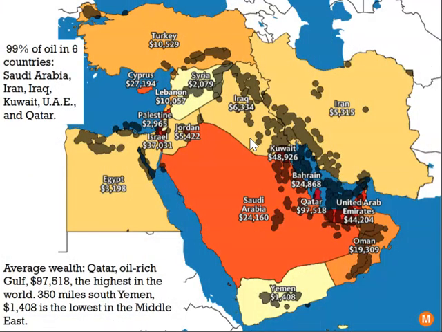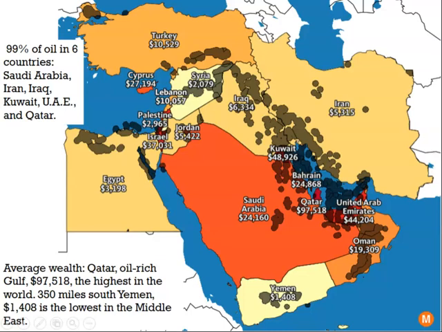Now, here's another factor that I did list before, and that is oil. The darker areas here, all these brown spots mostly, show you where oil is available, where oil can be pumped, oil reserves. So notice that most of it is around this Gulf here. You see it in Iran, Iraq, Kuwait, and so forth.